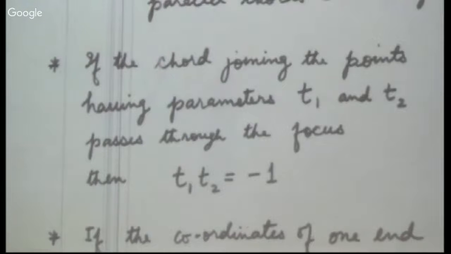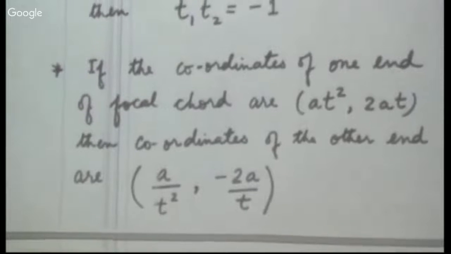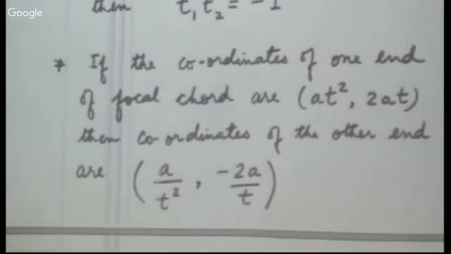Next, if the coordinates of one end of the focal chord is a t square, 2a t, the normal parametric form which we take, then what will be the coordinates of the other end? a divided by t square and minus 2a divided by t. Is that clear? There is a focal chord. One end has coordinates a t square, 2a t. The other end will have coordinates a divided by t square, minus 2a by t.